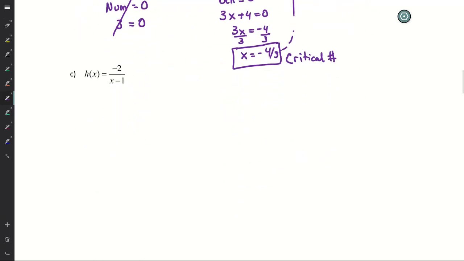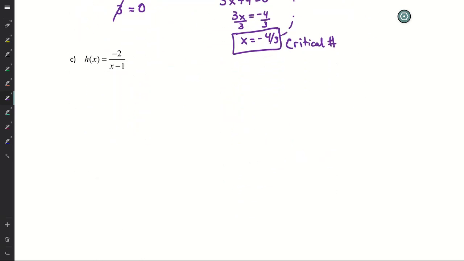All right, finally, let's look at a true rational function. So it's a rational function to begin with. And on this one, we're first going to make a note about the domain. For rational functions, it's going to be all real numbers except for whatever makes the denominator 0. On this one, we notice the only thing in the denominator is x minus 1. So we'd want to make sure that x minus 1 was not 0.